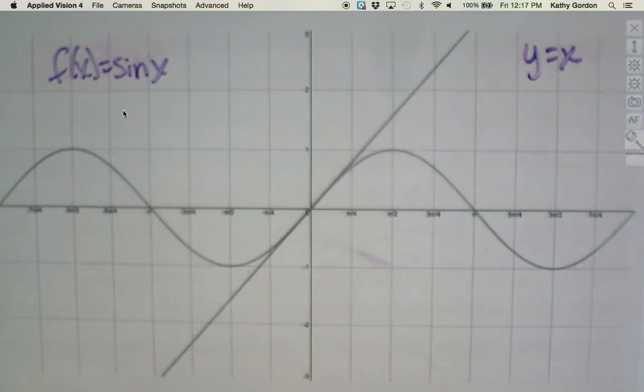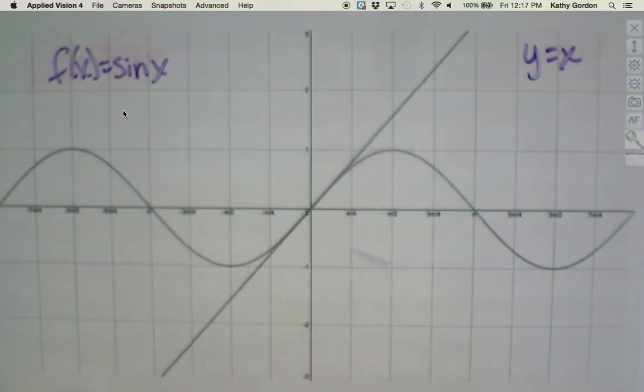But we can determine that before the flip by using the horizontal line test. And this one fails miserably. Right? Okay? So, we're not going to be able to just flip this over and go, hey, there you go, there's inverse, see ya.